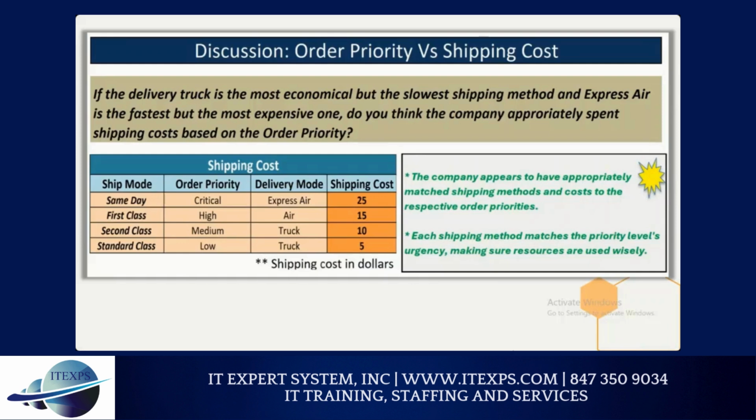The critical order priority uses the higher cost, and the low order priority uses the lesser shipping cost. We feel that the company has used the shipping cost based on the order priority, and they use their resources wisely.